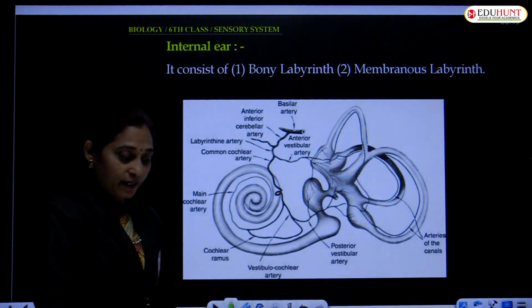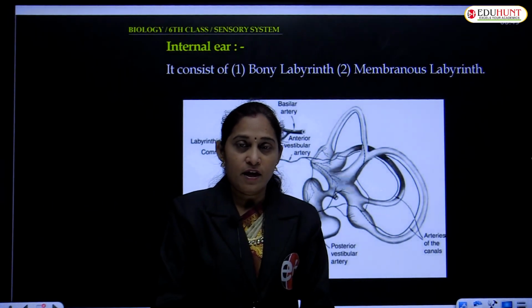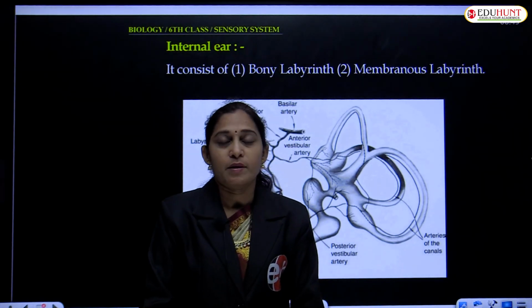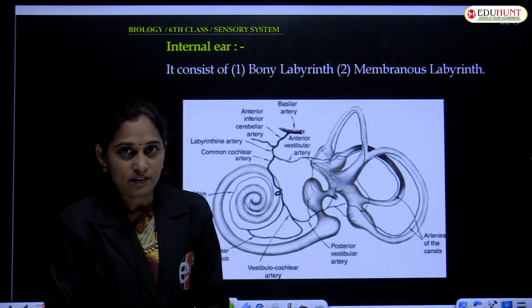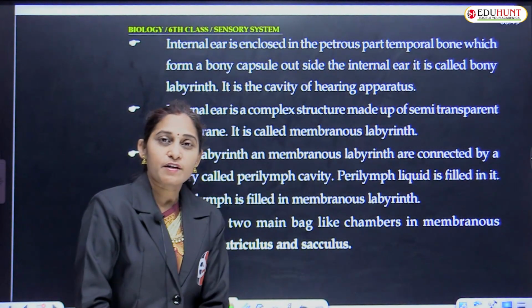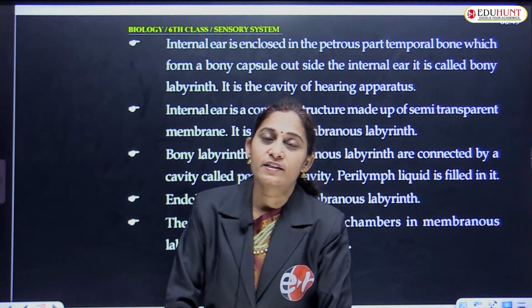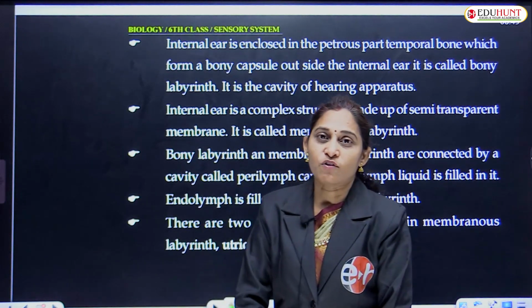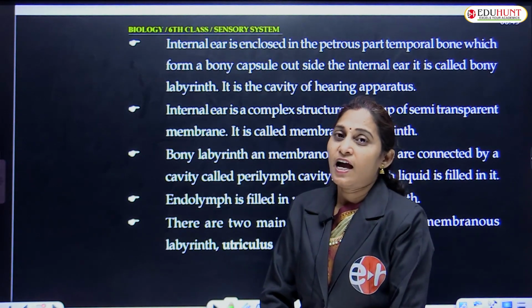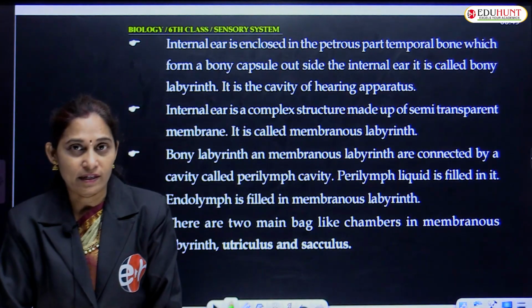The internal ear is made up of two structures, the bony labyrinth and the membranous labyrinth, filled with fluid. The bony labyrinth is filled with the fluid called perilymph, and the membranous labyrinth is filled with endolymph.